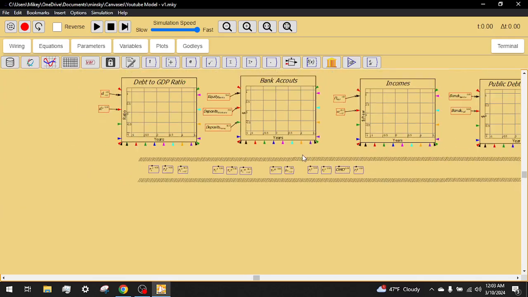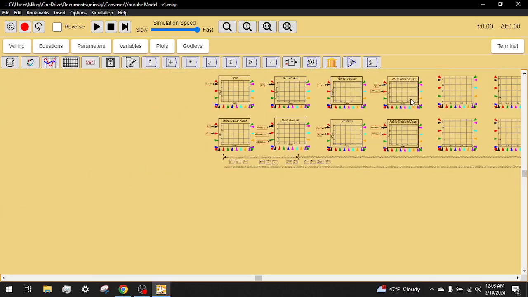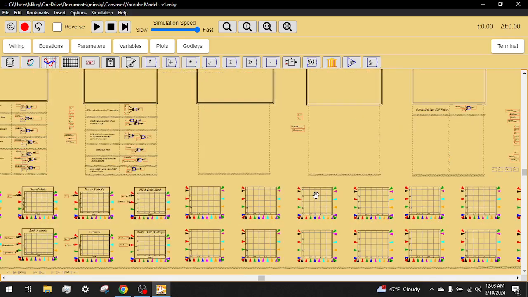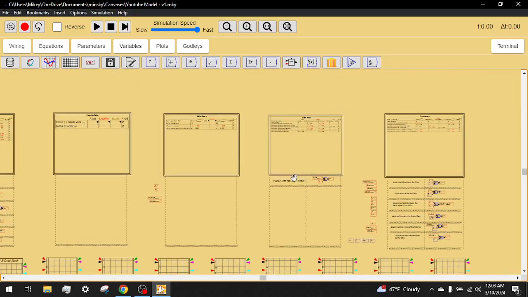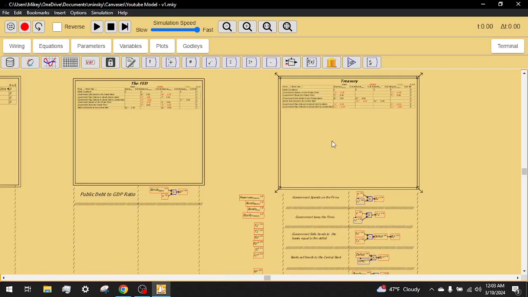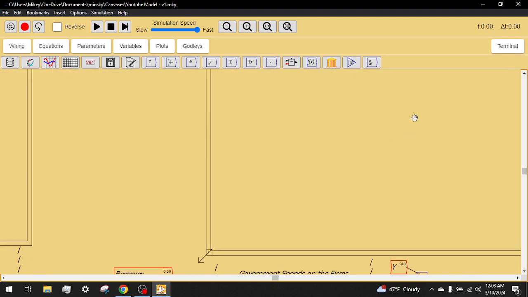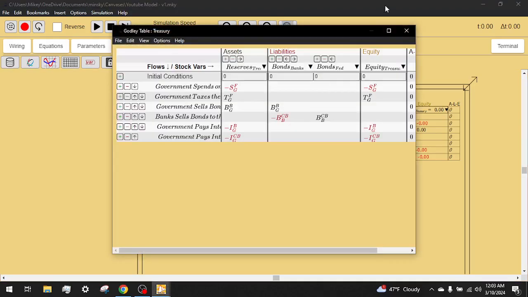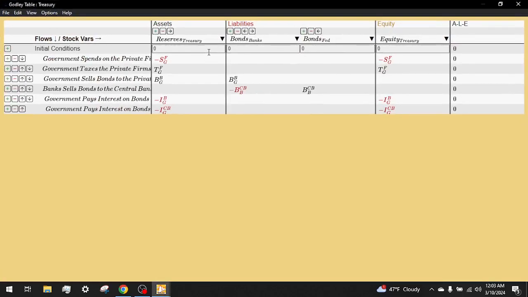One more thing before I start, because we say that there's an initial stock of 0. Just to help with the illustration, I will define some initial amount of bonds held by the private banks.